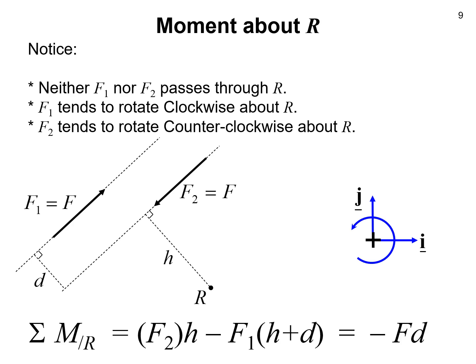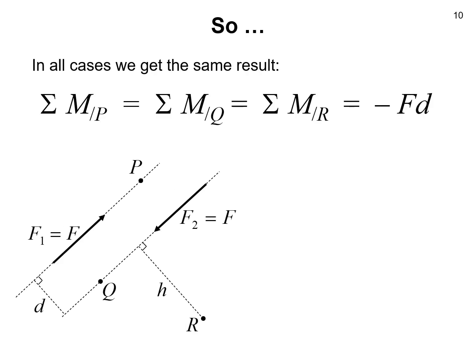So I have F2h minus F1h, and because F1 and F2 have the same value, they cancel out, and my final result is negative F times d. In summary, no matter which way you do it, the sum of the moments about any of those points is negative F times d. This is our key idea about a couple.